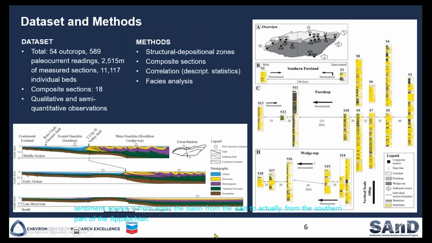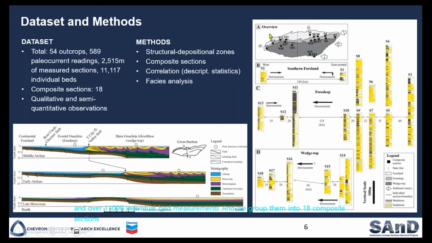So for the data set, we use 54 outcrops, and each one is a detailed measured section. We record bed by bed thickness, grain size, sedimentary structures, paleocurrent, etc., for each outcrop. In total we have over 2,500 meters of measured sections and over 11,000 individual bed measurements. And we group them into 18 composite sections.